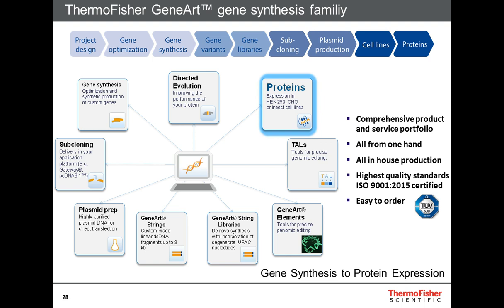So on this slide, what I just want to focus you on is that the protein service that we offer is not the only service that we have in our portfolio around gene synthesis. There are many other products which most of you are likely to be familiar with, but in this particular talk we should focus on the proteins and the expression in HEK, in CHO, and in insect cells.